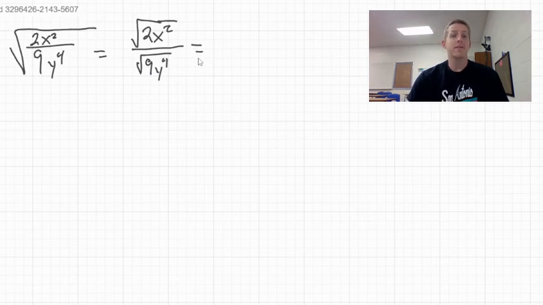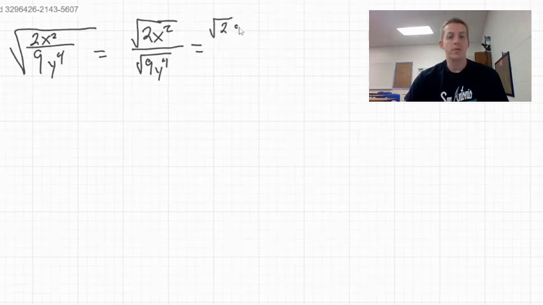We can simplify this even further. So what rule are we going to use now? We're going to use our product rule. So we can do square root of 2 times square, I don't know what that is. That is a mistake. And just like Bob Ross, we don't make mistakes here. We make happy little trees. Square root of x squared, all that divided by, I'm going to go ahead and just square root everything here.